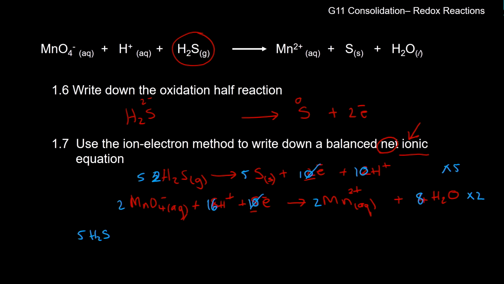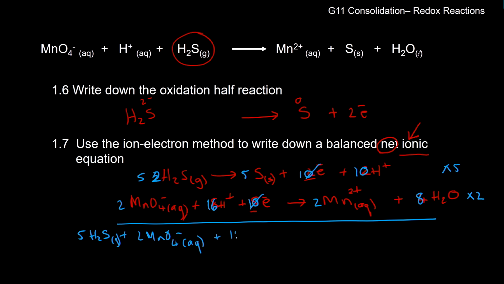Now, let's add them all together. So we end up with 5H2S plus 2 MnO4 minus, that's going to be gas, that's going to be aqueous, plus 16H plus, giving 5 sulfurs and 2 manganese ions, plus 10H plus and 8 waters.